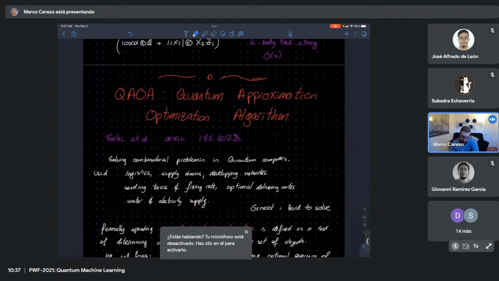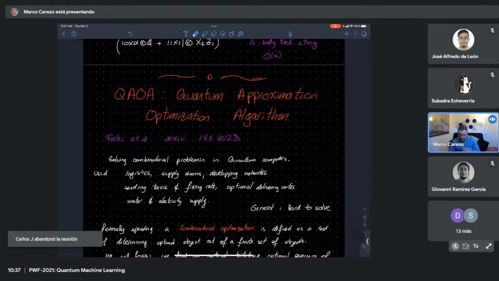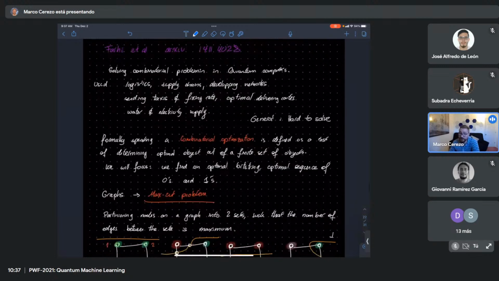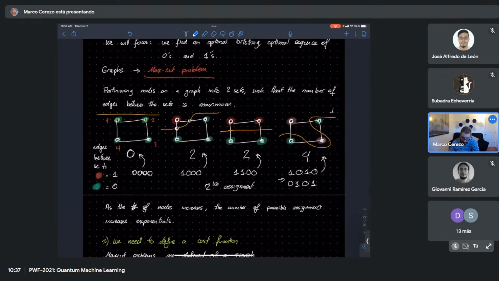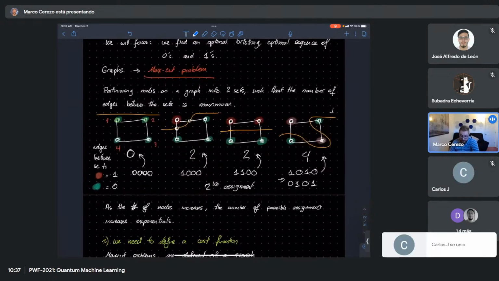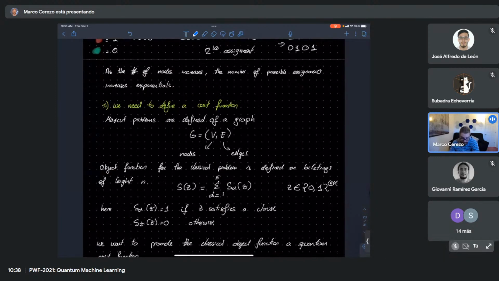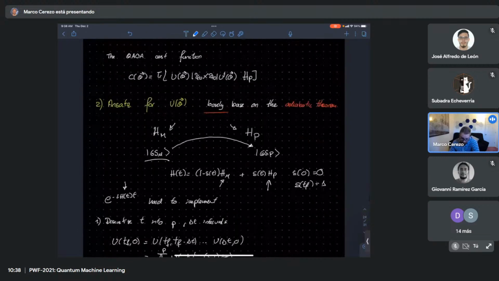After this, we delved deeper into several variational quantum algorithms, specifically the QAOA algorithm, the quantum approximate optimization algorithm used for solving combinatorial optimization problems. We were focusing on the max cut problem of having a graph and trying to partition it to maximize the number of edges between the nodes in the two different partitions.